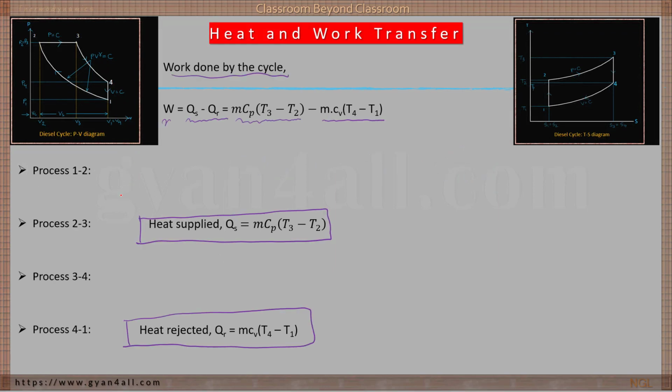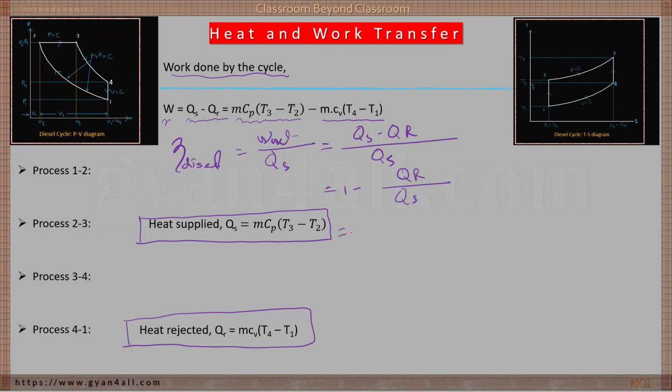Here we will find the efficiency of the diesel cycle. Efficiency is equal to W net divided by Qs, and W net is Qs minus QR, divided by Qs. So that is equal to 1 minus QR divided by Qs.